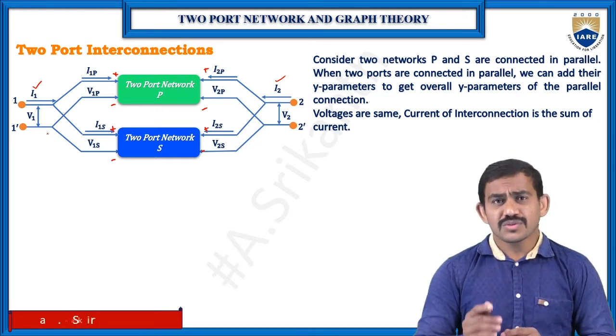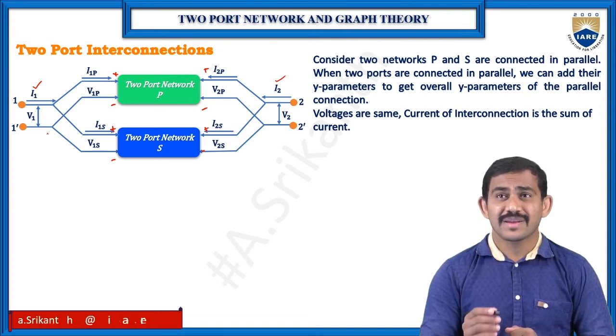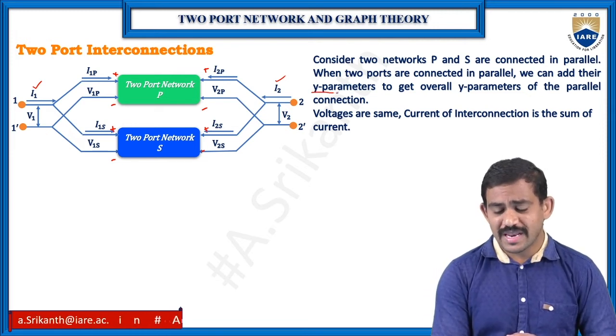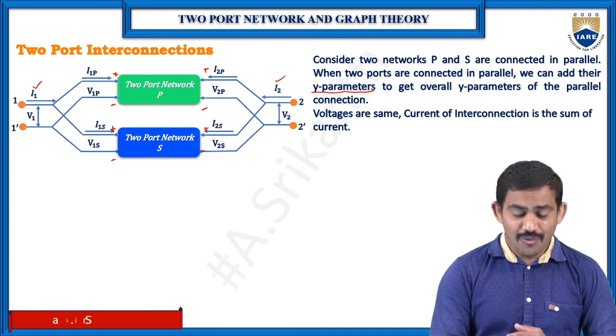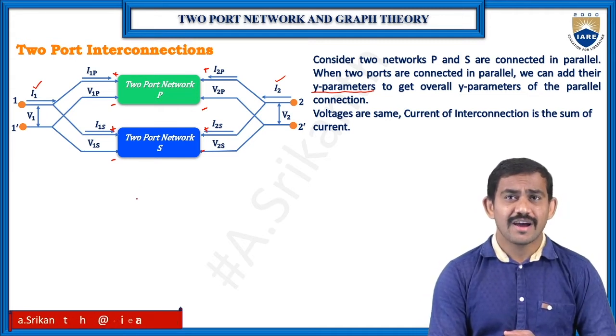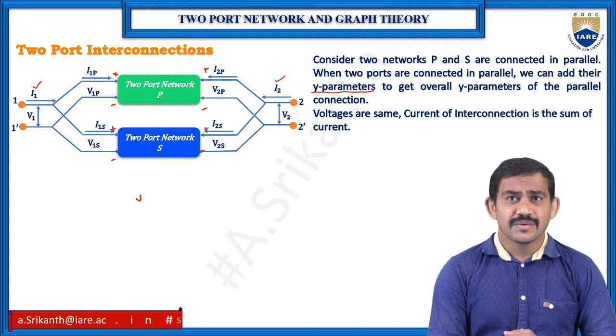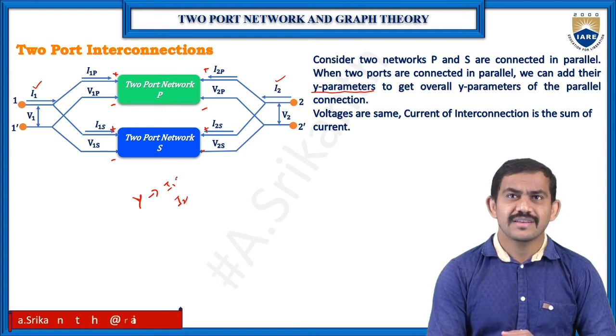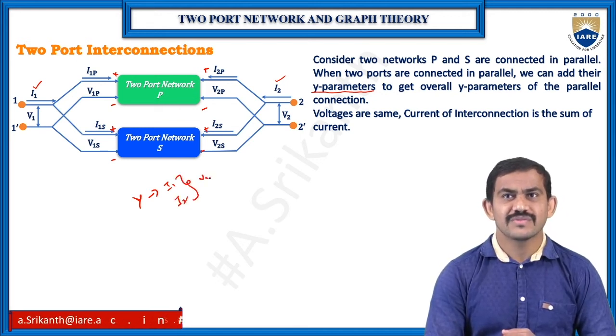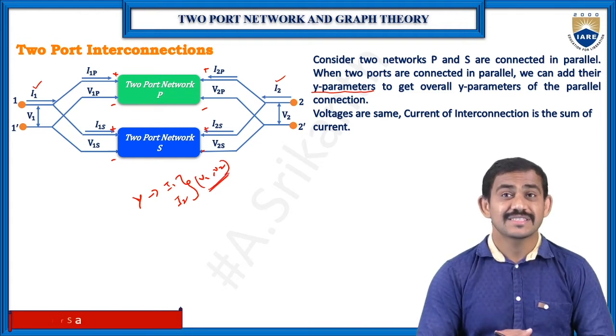Now, which method do I need to follow? Y parameters. So I need to use Y parameters and get the I1 and I2 values. We have Y parameters, I1 and I2 in terms of V1 and V2. The voltages are the same here, so the currents are different.